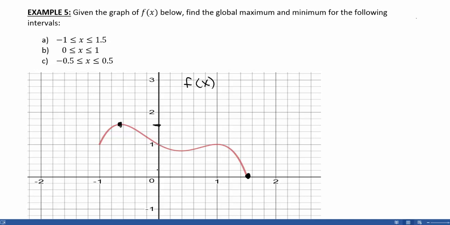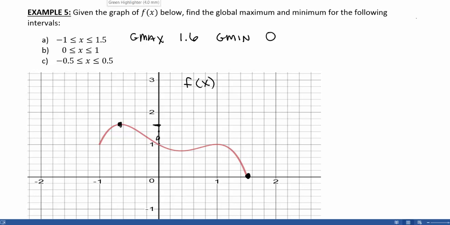So remember, these intervals are counting by 0.2. So we have 1, 1.2, 1.4, 1.6. So I would say here that the global max is 1.6 and the global minimum, if you look here, is going to be at 0. So that happens at y equals 0.